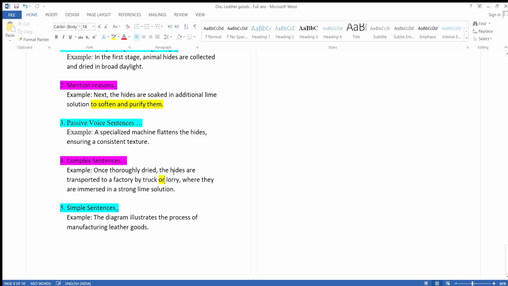Once thoroughly dried, the hides are transported to a factory by truck or lorry where they are immersed in a strong lime solution. And the last one and the most important one, it is do use simple sentence structures also, which is the diagram illustrates the process of manufacturing leather goods. How come this is a simple sentence? The diagram is the subject, illustrates is the verb, and the process of manufacturing leather goods is the object.